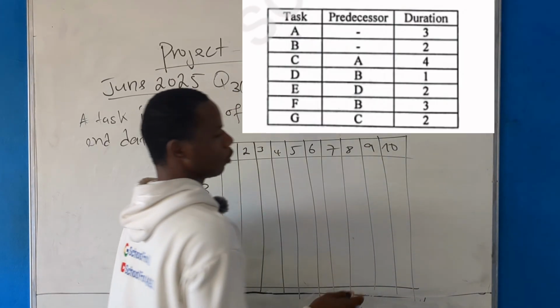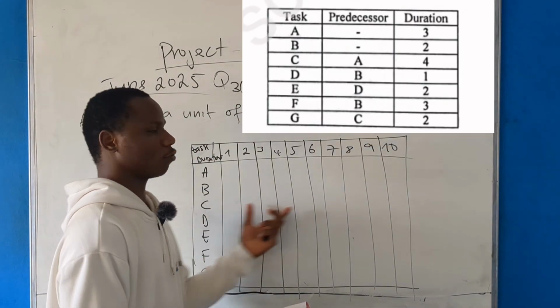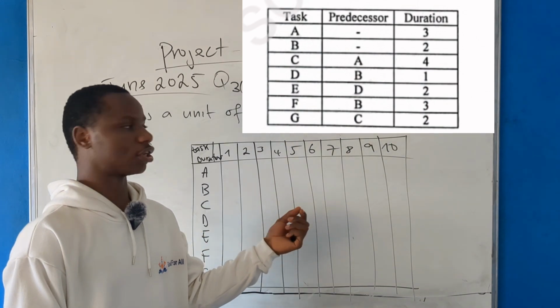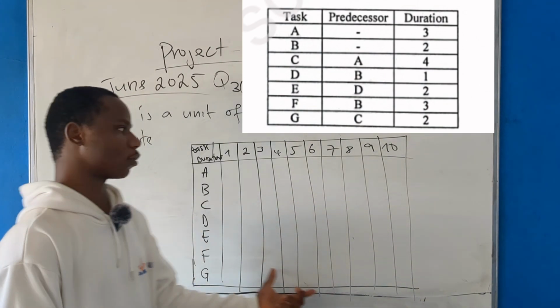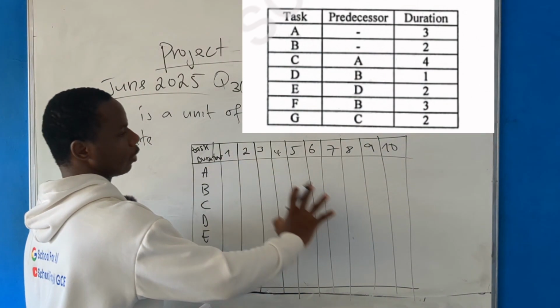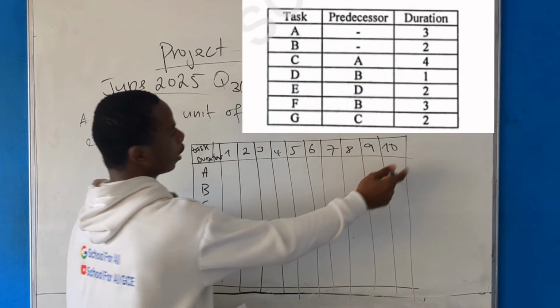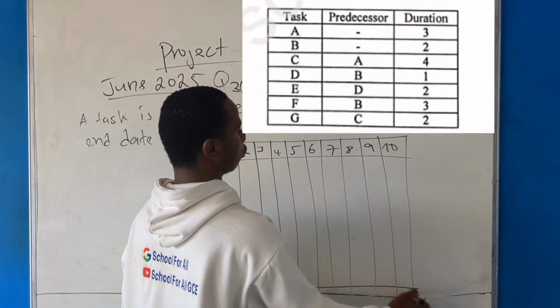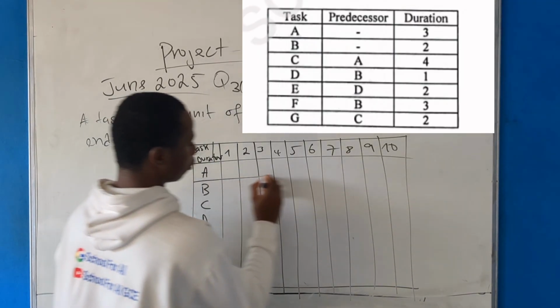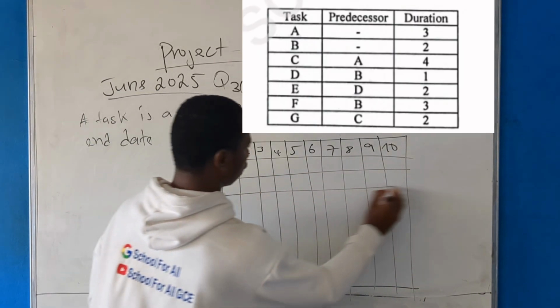In fact, where you are ending simply depends on how you'll be indicating your different tasks, or on the duration of each task. Good. So if the way we are organizing our tasks is going to take more than 10 days, like maybe there's a task that ends, I don't know, at day 11, you just add a new day. Good. So let me just draw these horizontal lines.